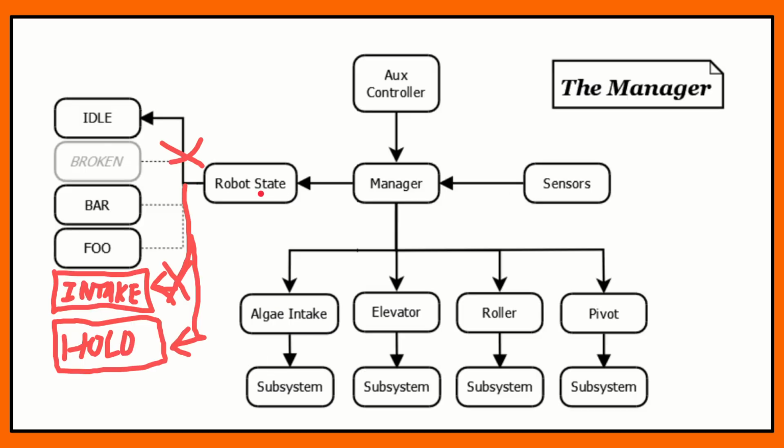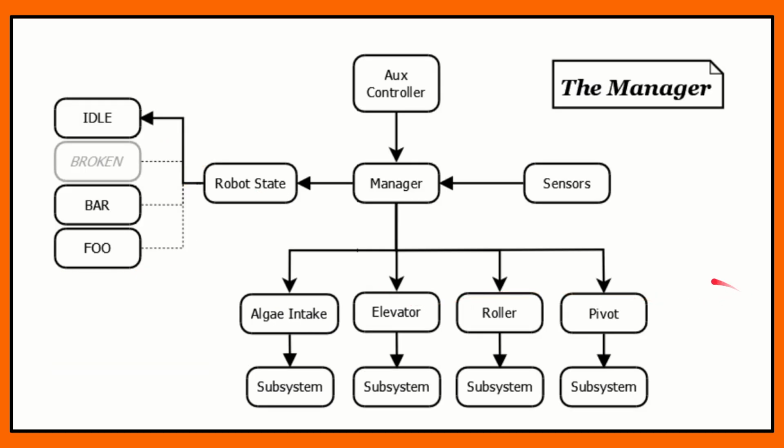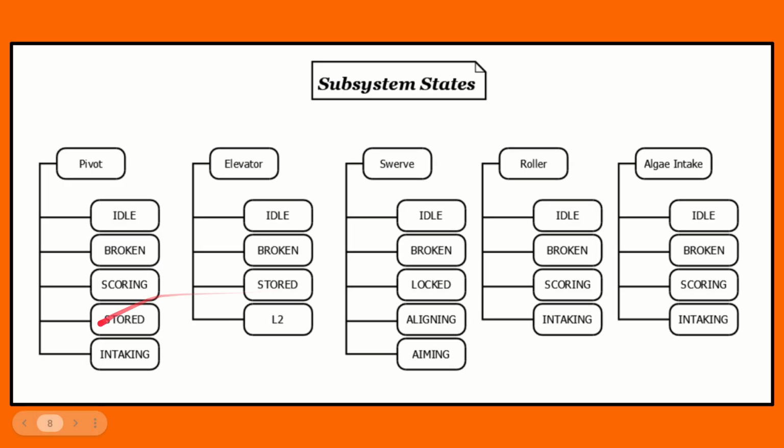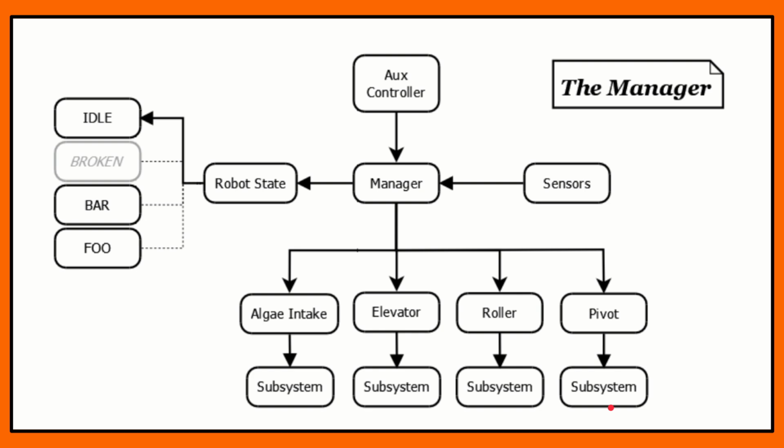So that's the manager. All it does is manage all of the handlers to make it into one cohesive robot instead of a bunch of different guys split up into their own little substates, making it really hard and difficult.